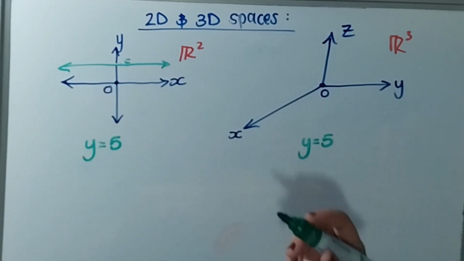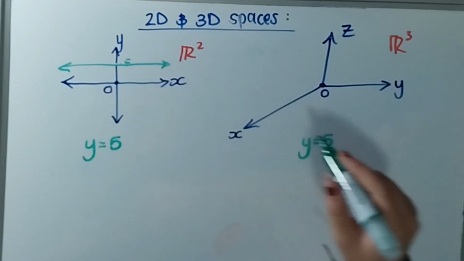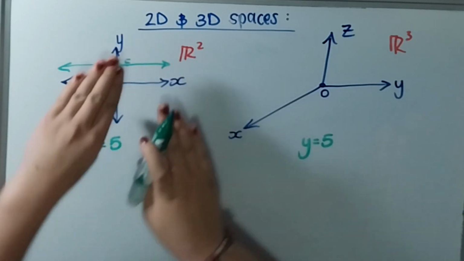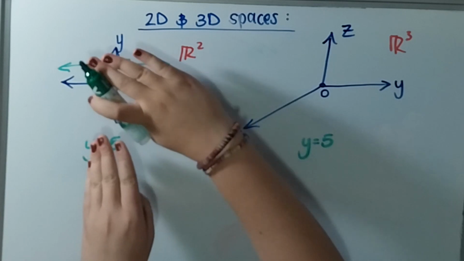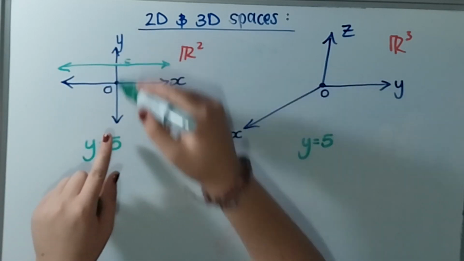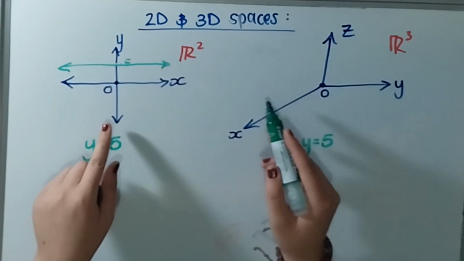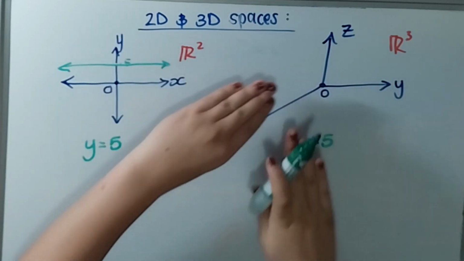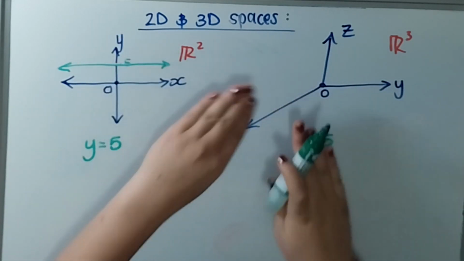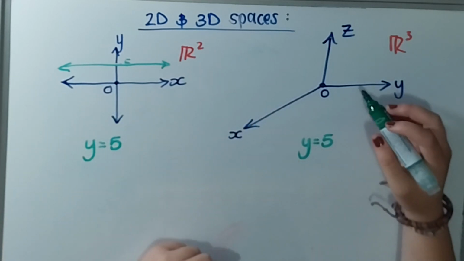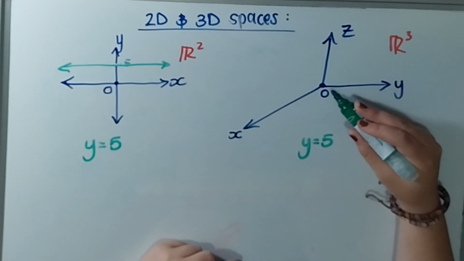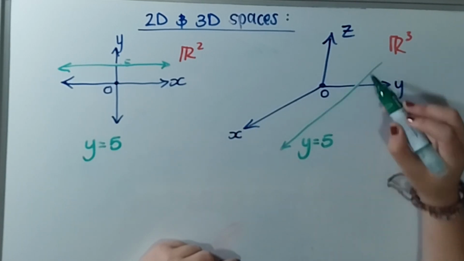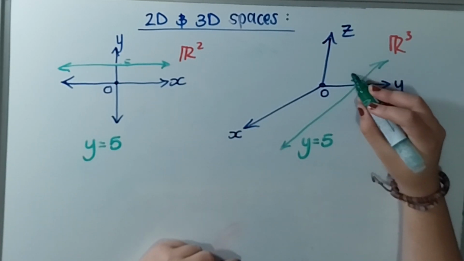But if you draw this line over here, remember, this kind of shifts to go like this, because here is y, which is y here, and here is x, which is here. So it kind of rotates. That's how I see it when I need to draw it. Or you can just say, okay, y, 1, 2, 3, 4, 5, y equals 5 is here, and we know that the line would go here, y equals 5.